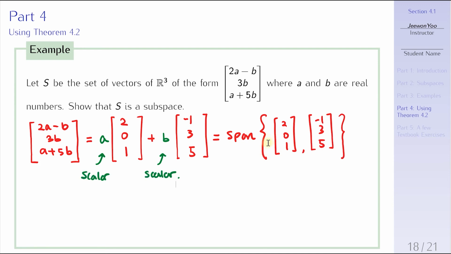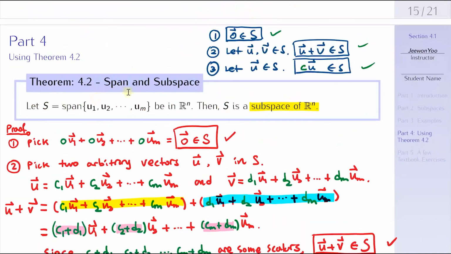Do you know what this means? Our set S right here, which contains all linear combinations of these vectors, is a subspace of R3 by what result? By result 4.2.